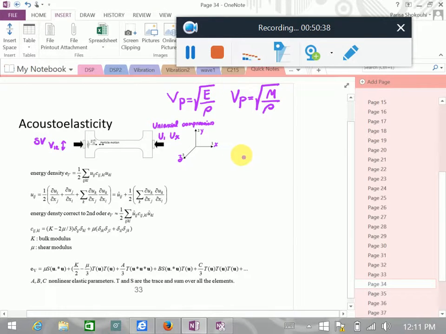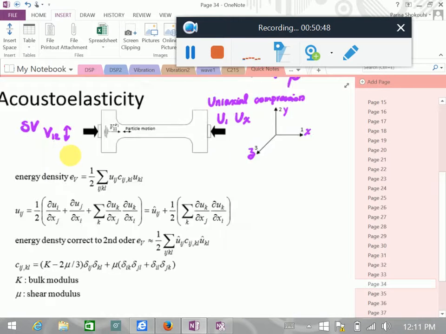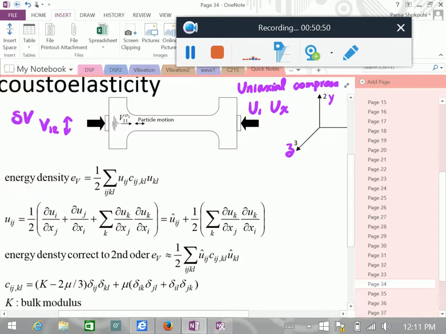Something very important in the context of acousto-elasticity, also later on linear acoustics, is this concept of energy density. Energy density is nothing else but energy per unit volume. If we have force versus displacement, the area underneath would be energy.